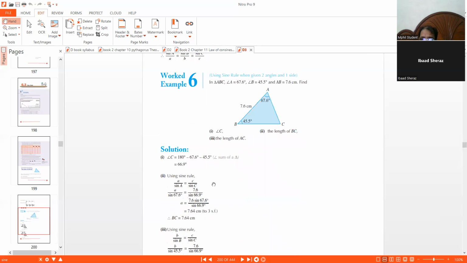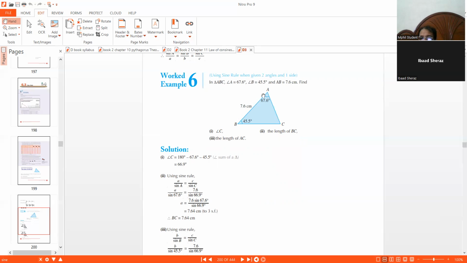Here is the solution. You are somehow right, but somehow wrong. A over sine 67.6 is equal to 7.6 over sine 45.5. Why is 7.6 on top, why is it the numerator?